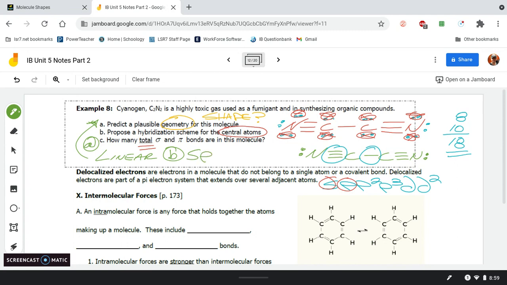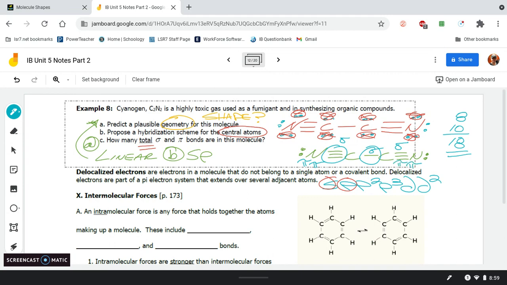All right. And let's finish up with sigma and pi bonds. So we have a sigma there, a sigma there, and a sigma there, because there's 1, 2, 3 single bonds. So every bond has at least a single bond inside of it, right? Now the pi bonds are whatever's left over. So there is a pi bond for the double and the triple, and then a pi bond for the double and the triple.